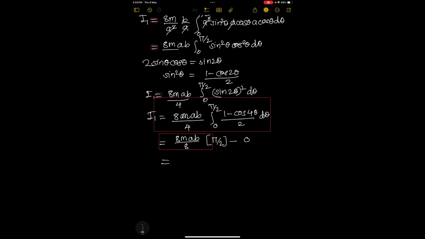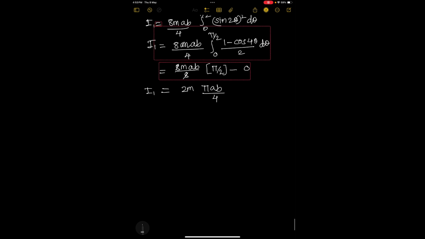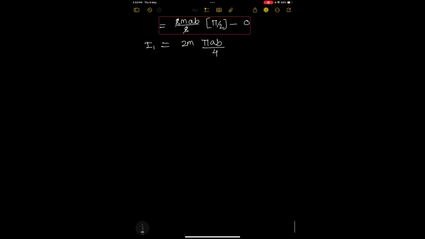So what we can write is, this is gone, this is gone. So 2m pi ab by 4. I1 is equal to 2m pi ab by 4.